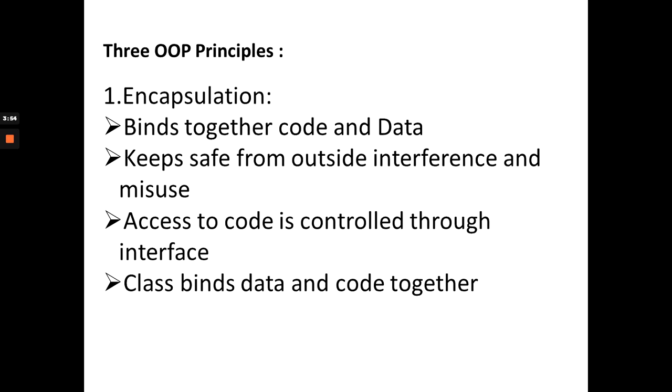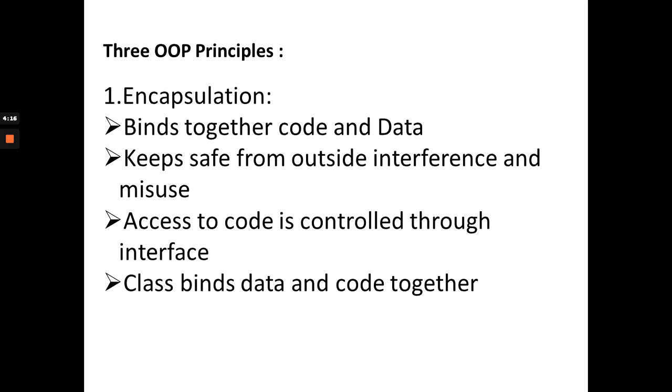So there are three basic object-oriented principles. First is encapsulation. Encapsulation means what? It binds together code and data. Code is a set of instructions and data is the object that will be operated upon. And it keeps it safe from outside interference and misuse.